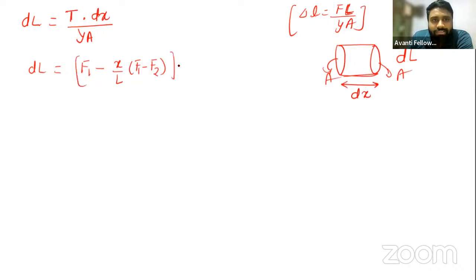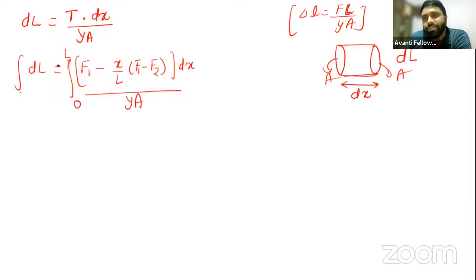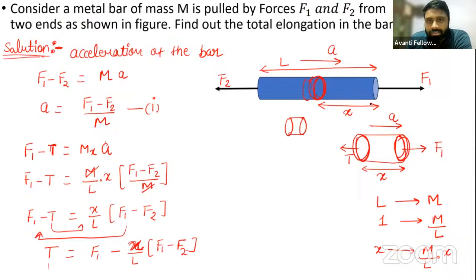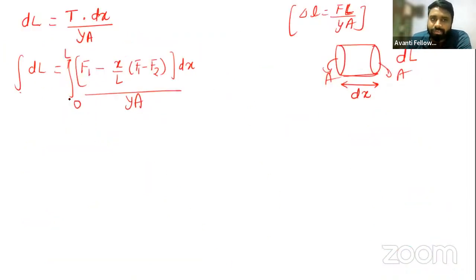This is the value of tension, into dx divided by YA. Now, for the complete elongation, we will calculate it from 0 to L. The limit will be 0 to L because x can vary from 0 to L. Look, we have measured x from this end. So at this end, x would be 0 and at this end, it would be capital L.